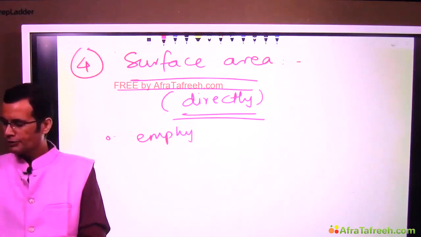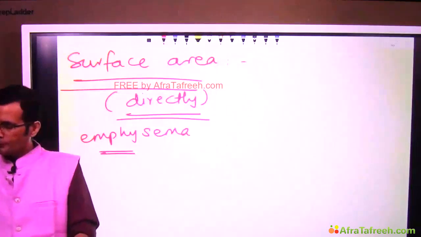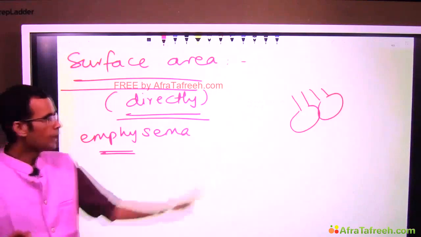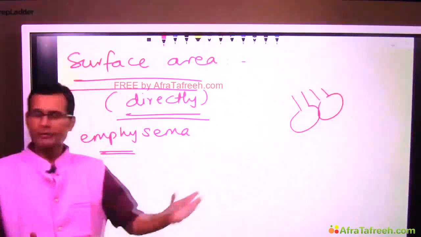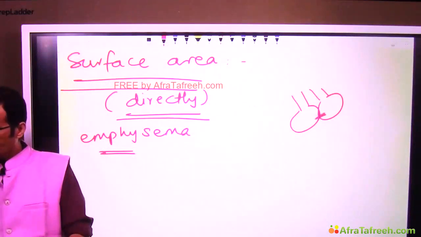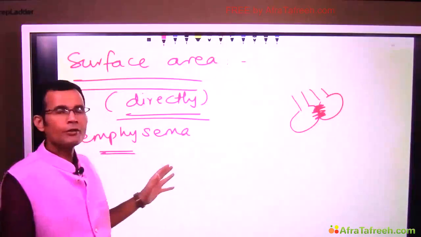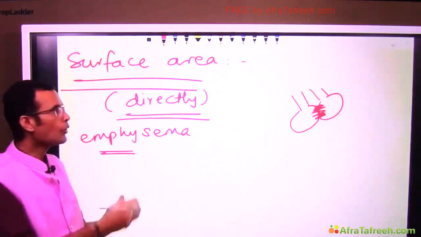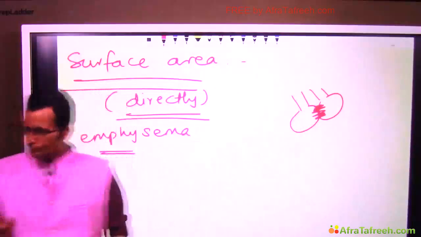emphysema. If you have heard of this condition, emphysema, there is destruction of the alveolar septa and alveoli coalesce to form larger cavities. The surface area for diffusion decreases in emphysema. It is over distension of the alveoli with air and destruction of the alveolar septa.